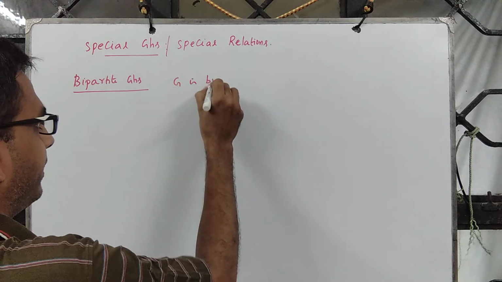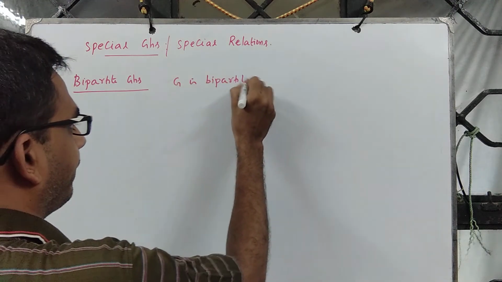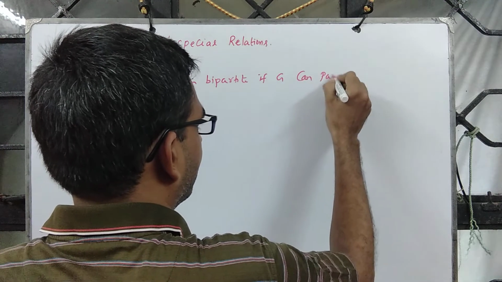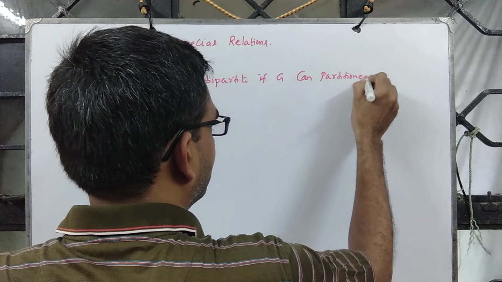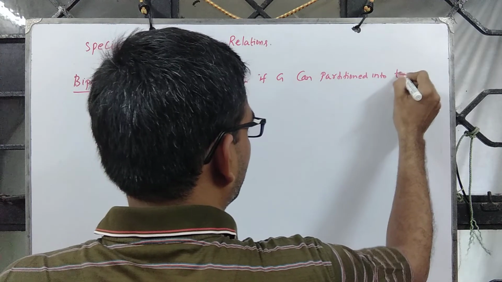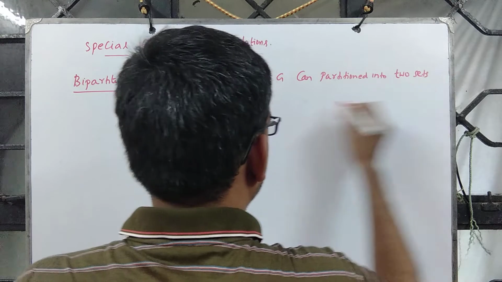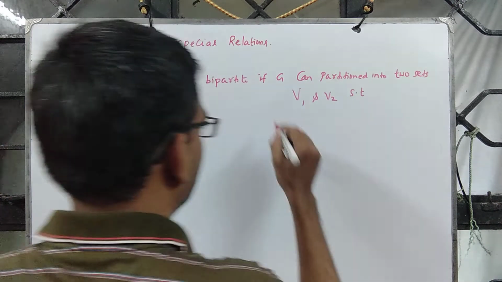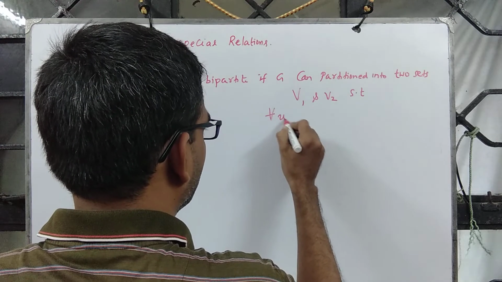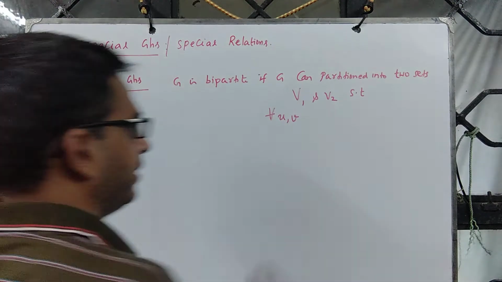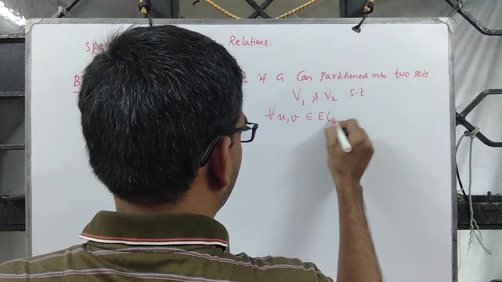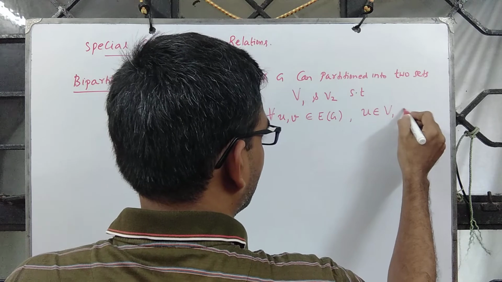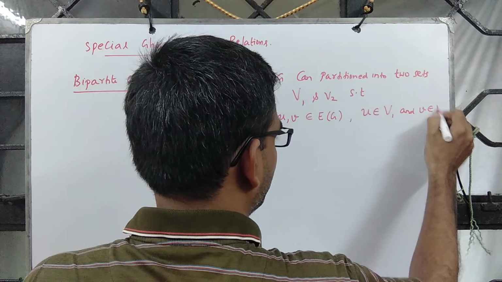G is bipartite if G can be partitioned into two sets, V1 and V2, such that for all u comma v in the edge set, u belongs to V1 and v belongs to V2.